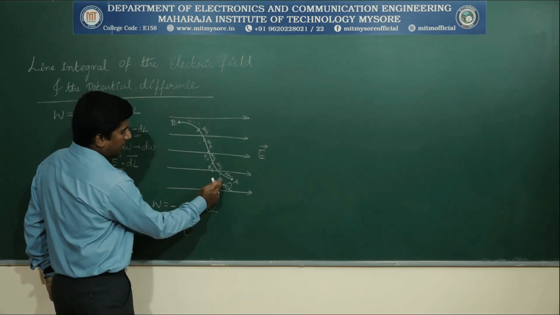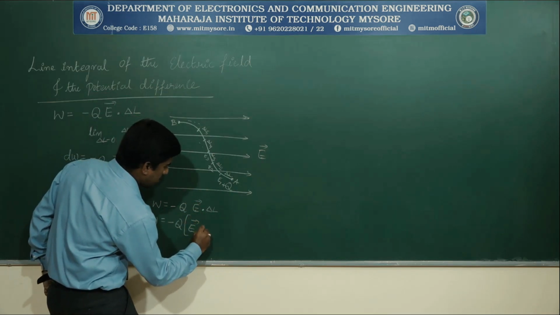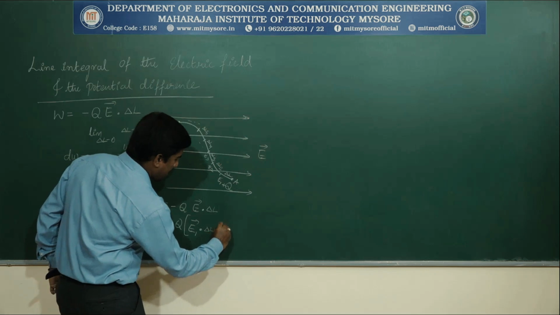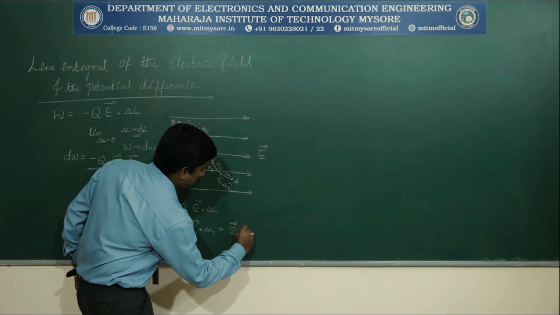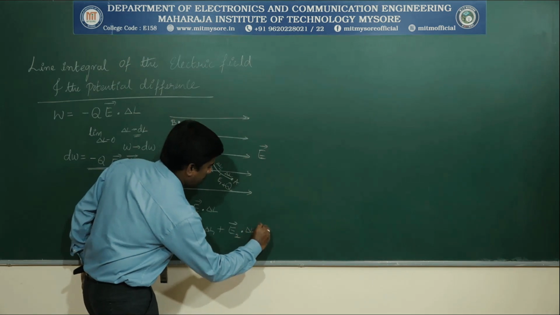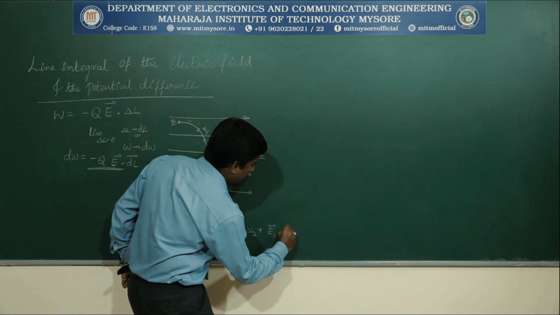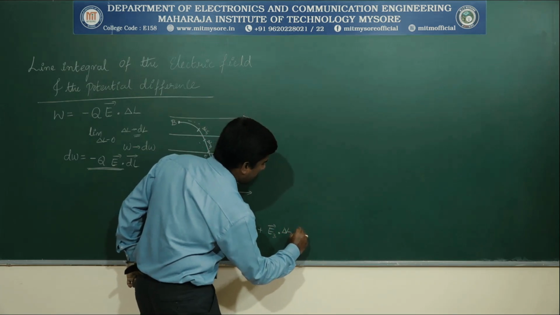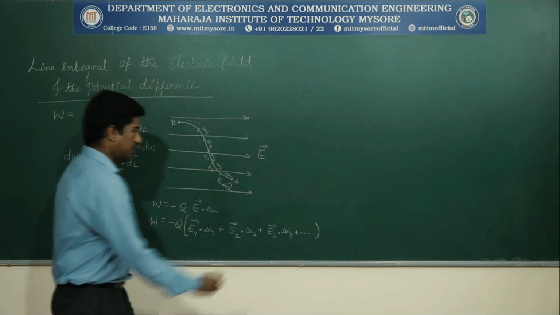For E1 this becomes E1 dot delta L1 plus E2 dot delta L2 plus E3 dot delta L3 and so on up to an infinite number of segments.